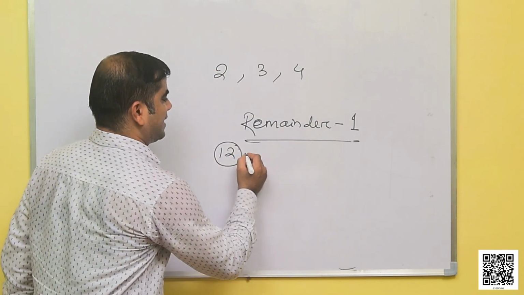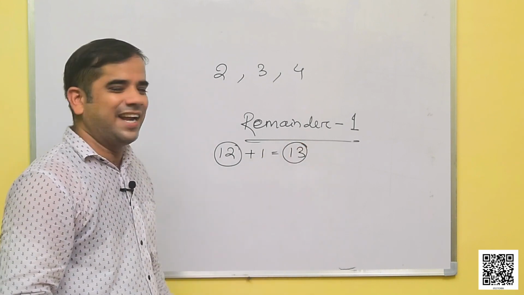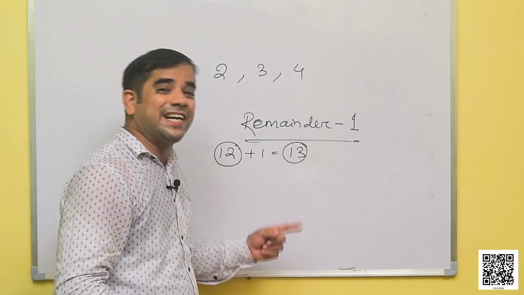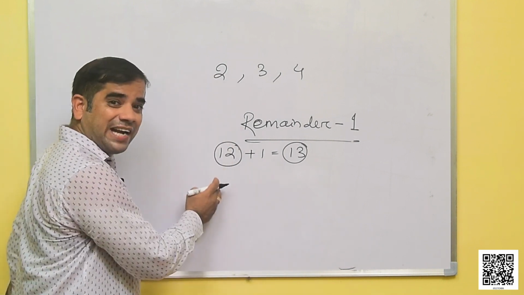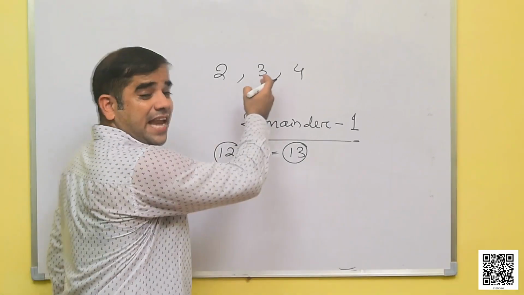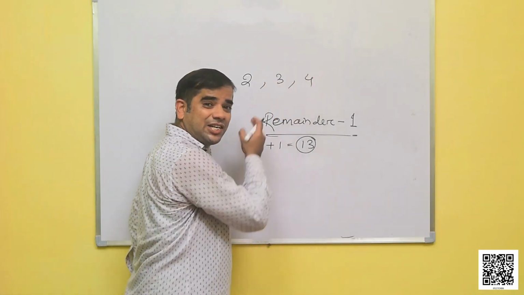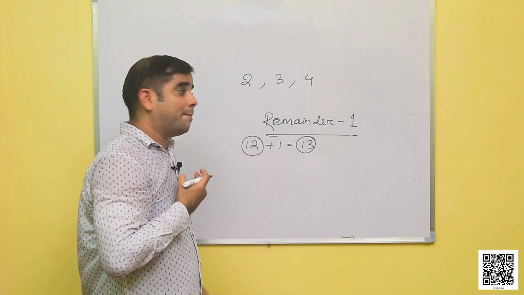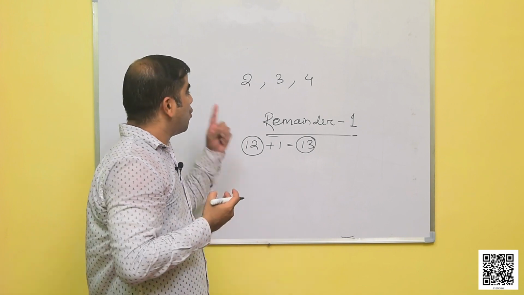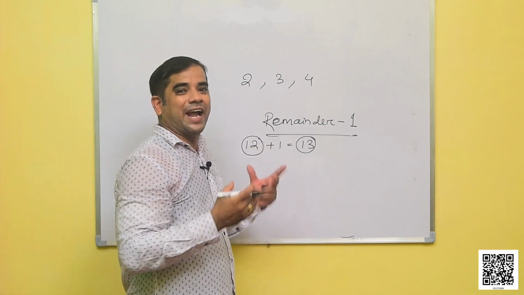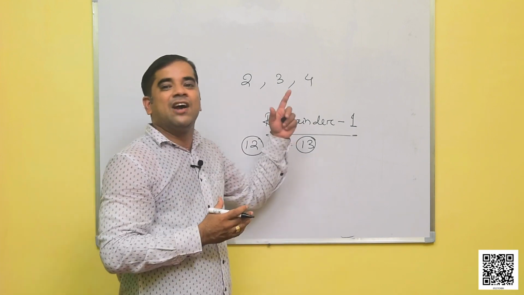So if I take 13 seeds, then I will have one seed left to be grouped, because 2 will divide 12 and give remainder 0, 3 will divide 12 and give remainder 0, 4 will divide 12 and give remainder 0. But if I take 13, I will have remainder 1 in each case. So I can take 13 seeds to be grouped for 2, 3 and 4.